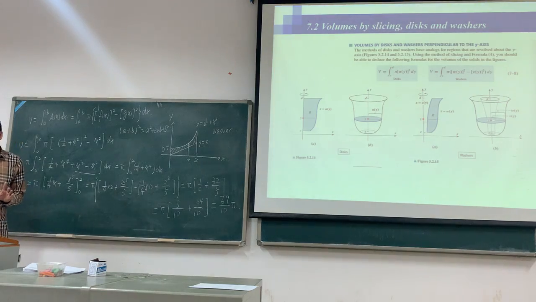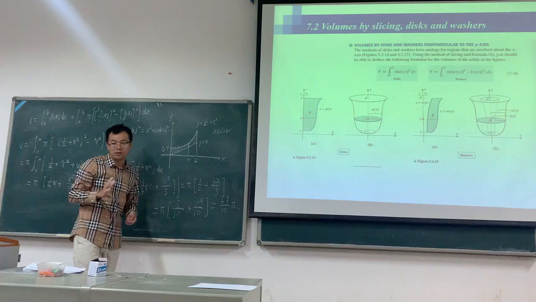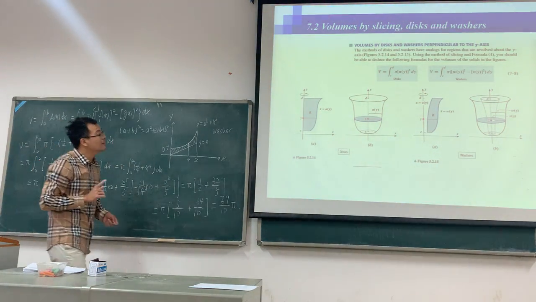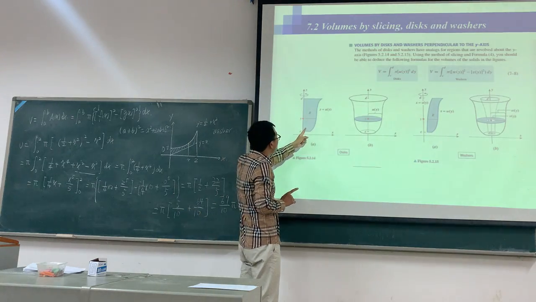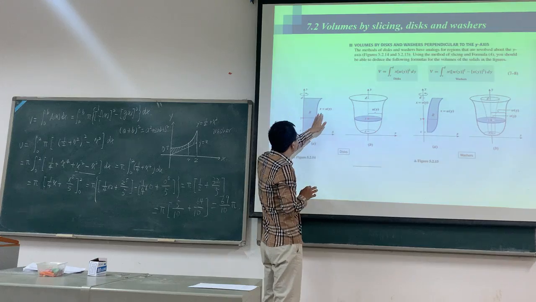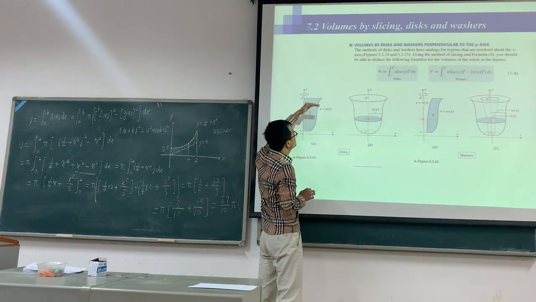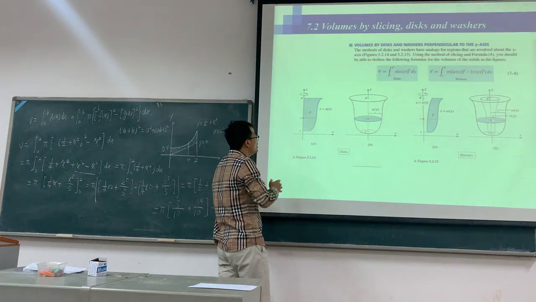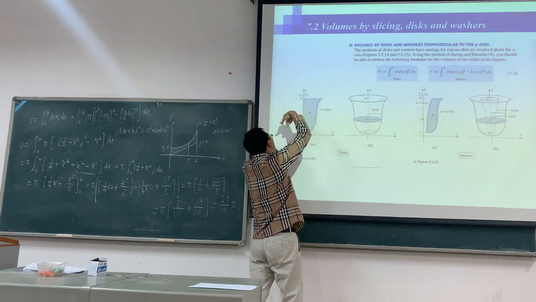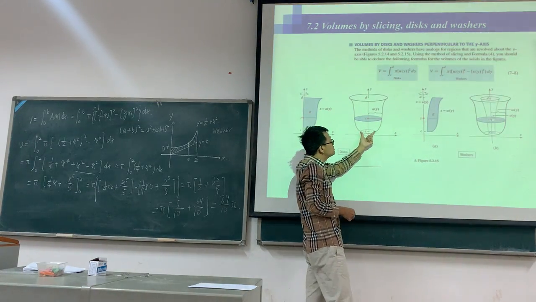Now, this is the case for perpendicular to the x-axis. Sometimes we have perpendicular to the y-axis. Here we have a region bounded by x equal to u(y) and the y-axis, and y equal to c, y equal to d. We revolve the region R along the y-axis, and we want this solid.